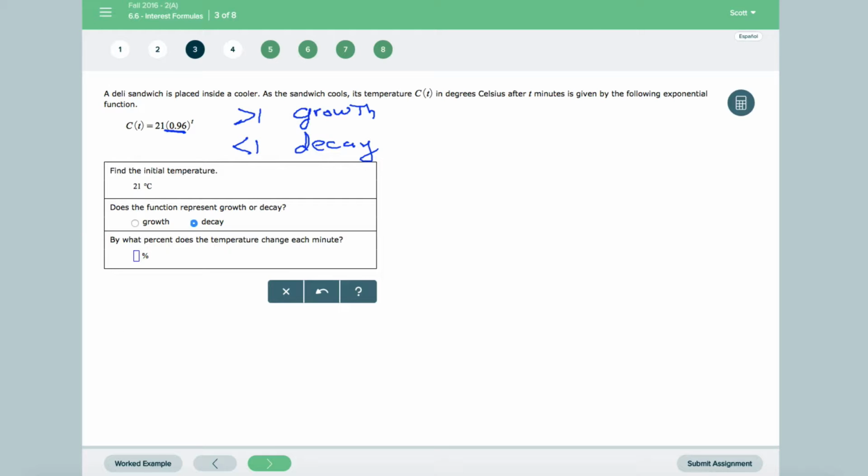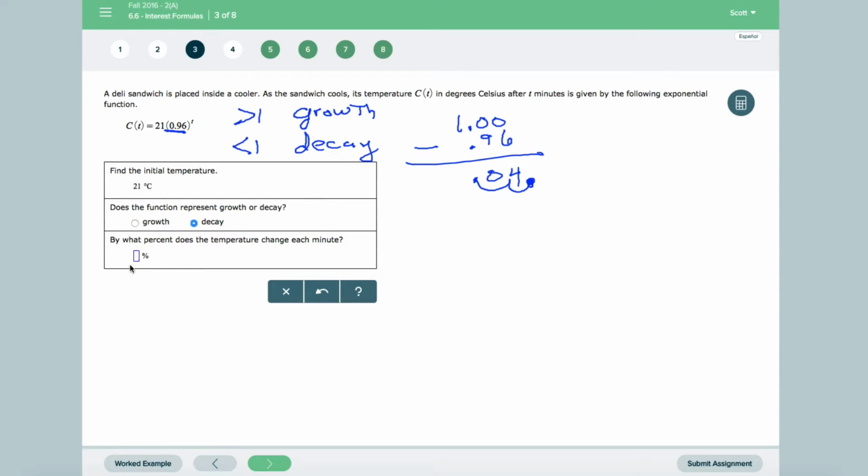And by what percent? To find that, you always take 1.00 minus that number, 0.96. Okay, and that would be 0.04. So that tells me, now we move the decimal 2 times, it's 4%.